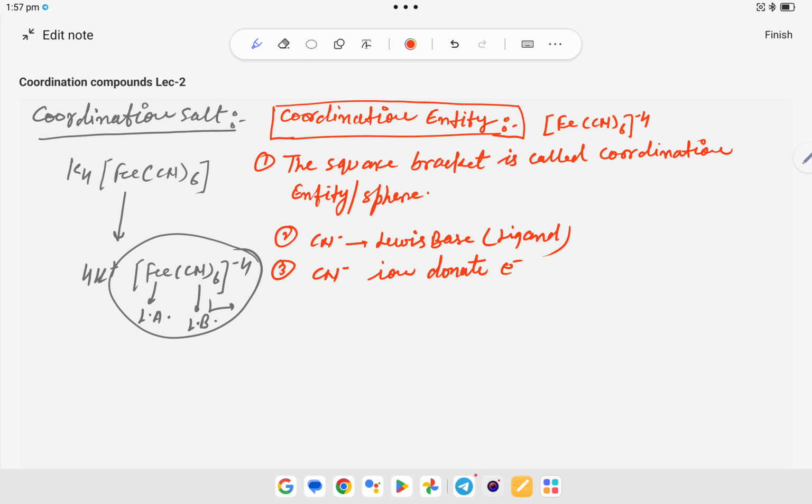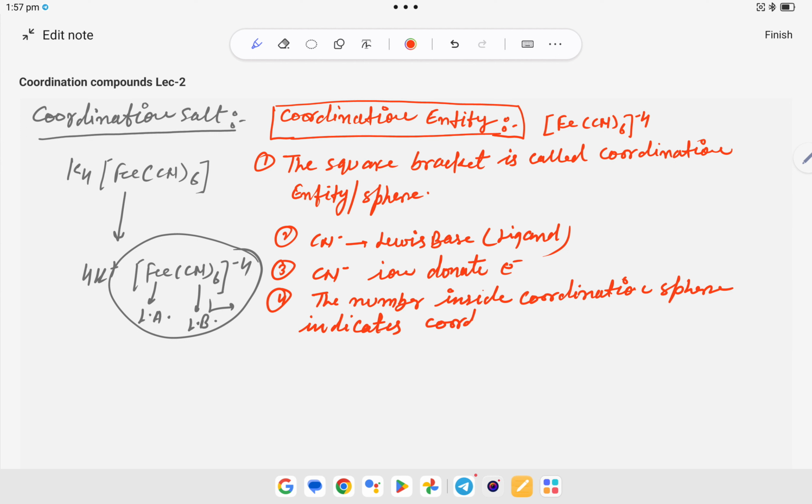CN- donates electrons. Number 4, the number inside the coordination sphere indicates the coordination number, generally. So what is the number present here?